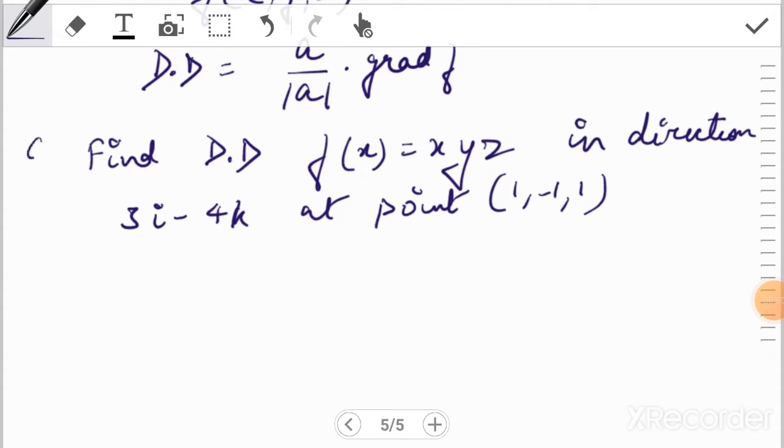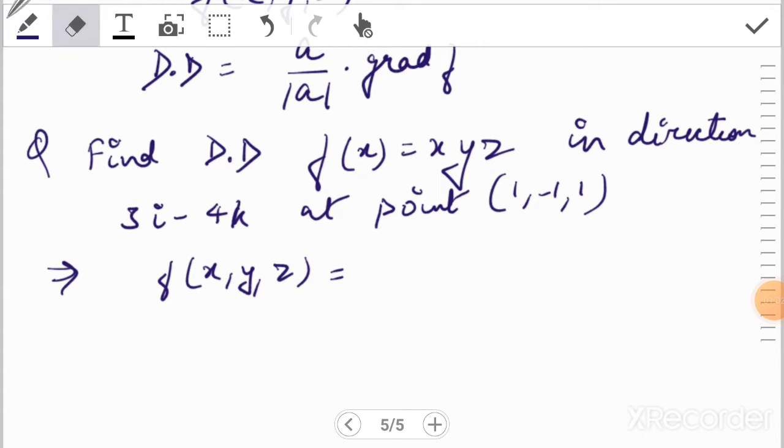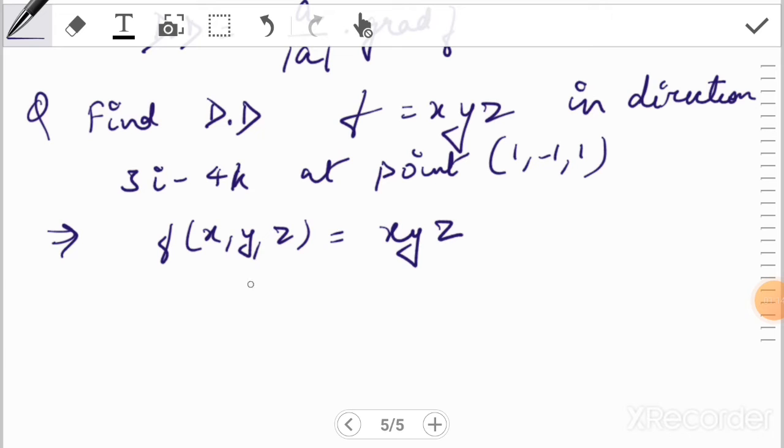So given function is xyz and vector field is given as 3i minus 4k, which has magnitude, let's say A, as root under 3 square plus minus 4 square, which is 5.